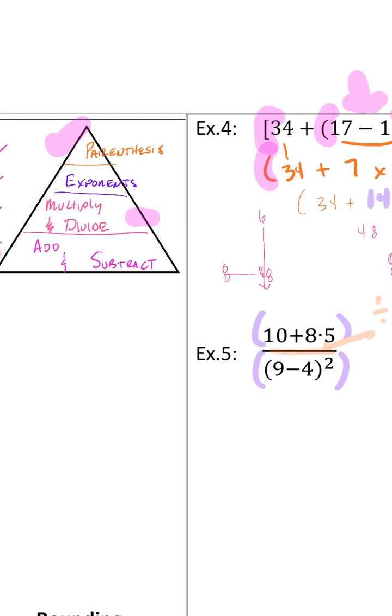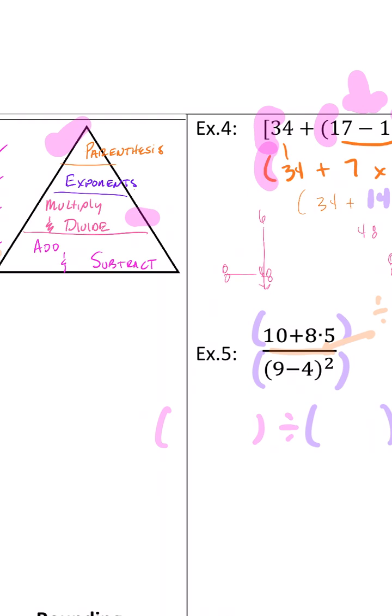So what we'll really have, I showed you in class, is 10 plus 8 times 5 divided by the 9 minus 4 quantity squared. You have to take care of what's in the parentheses first. So you could do it that way, or you could do it the other way. Just simplify both of them, the top and the bottom.